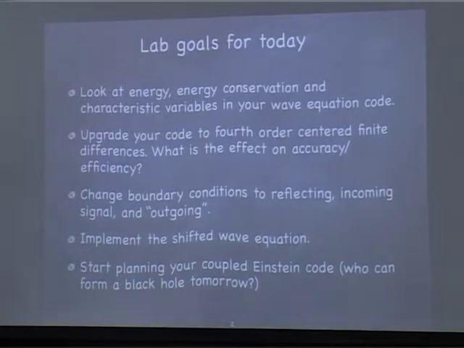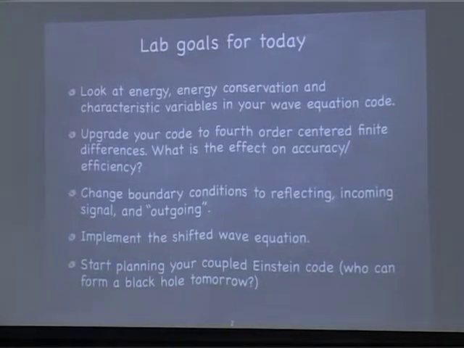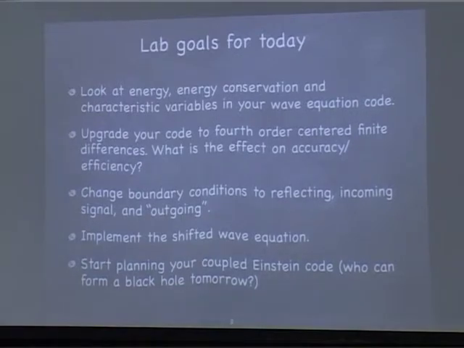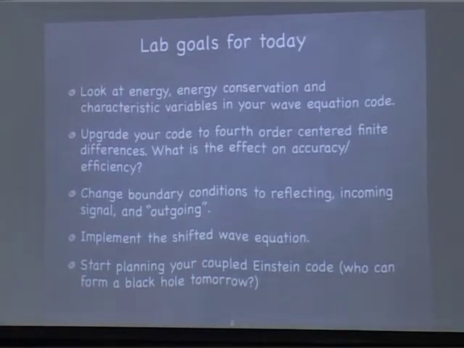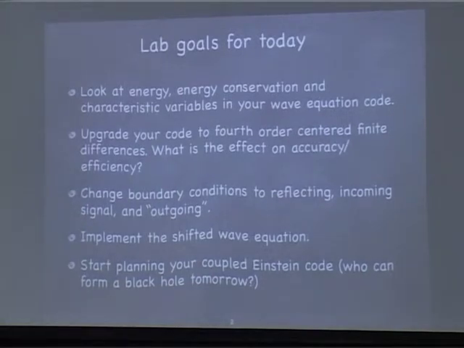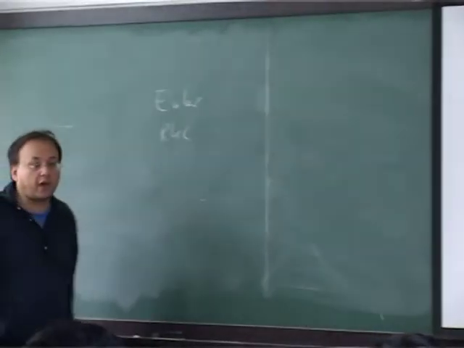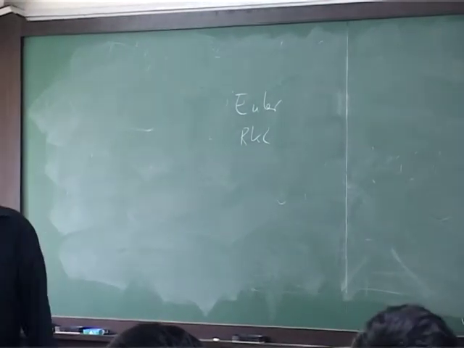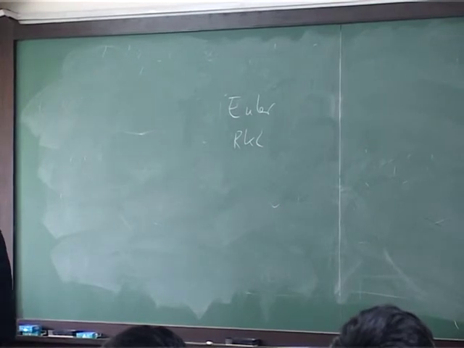And then, I told this to some of the people who asked me yesterday: we learned about the Euler, the Runge-Kutta 2 and the Runge-Kutta 4 method for the integration. It turns out that Euler and Runge-Kutta 2 do work just fine for ODEs, okay? But they do not work fine for this method of lines.